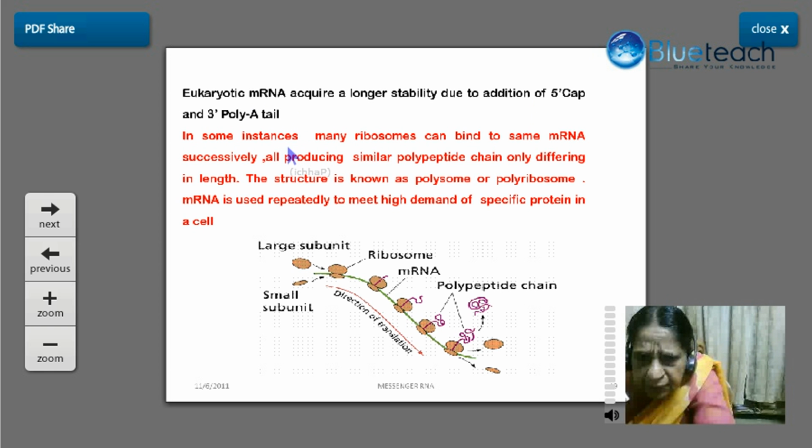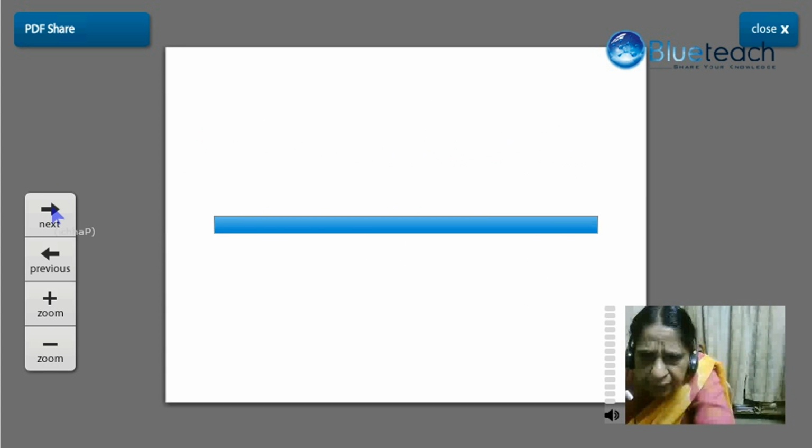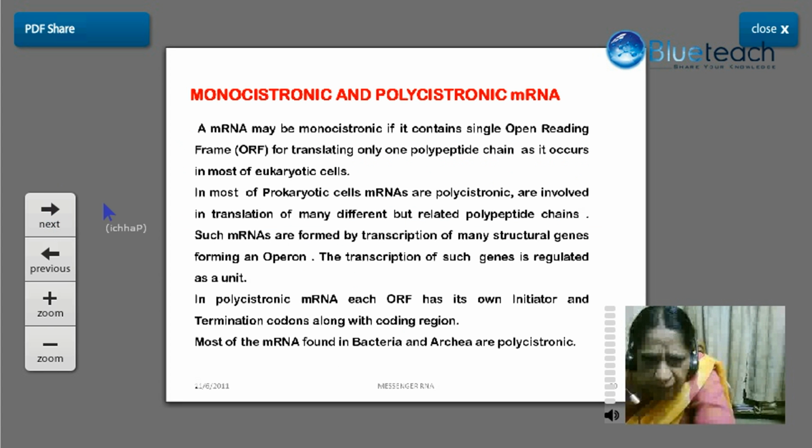In some instances, many ribosomes can bind to the same messenger RNA successively, all producing similar polypeptide chains or differing in length. The structure is known as polysome or polyribosome. Messenger RNA is used repeatedly to meet high demand of a specific protein in a cell. The messenger RNA can be monocistronic or polycistronic.